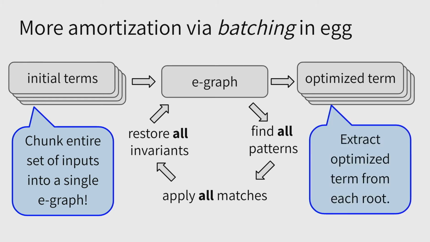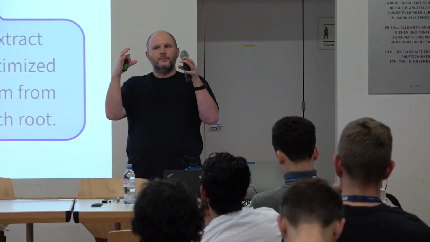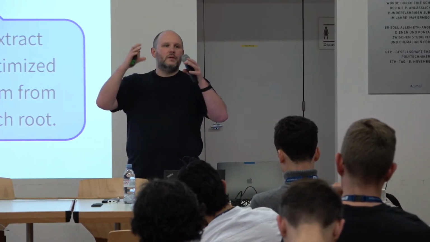What's really nice about this is, once again, we're exploiting all of the shared structure between terms. If the terms are similar, optimizing one means all of the terms that have any shared substructure also get optimized for free at the same time. There's an additional effect, which is kind of neat. If you think about the E-graph, you start with a term and you apply rewrites, so you're growing out from that term to nearby equivalent terms within some number of rewrite applications.